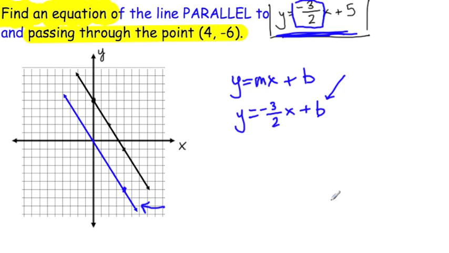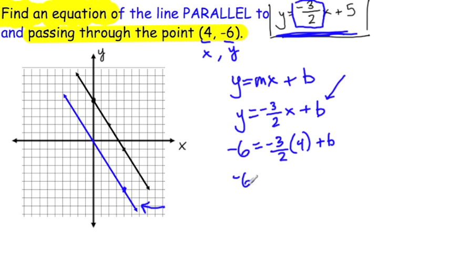And in order to do that, we plug in 4 and negative 6. Now negative 6 is y, 4 is x. So we get negative 6 equals negative 3 over 2 times 4 plus b. Negative 6 equals, put a denominator there, negative 3 times 4, negative 12, over 2 times 1 is 2, plus b.